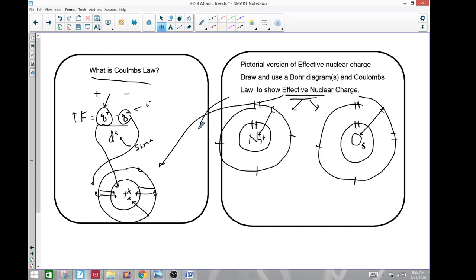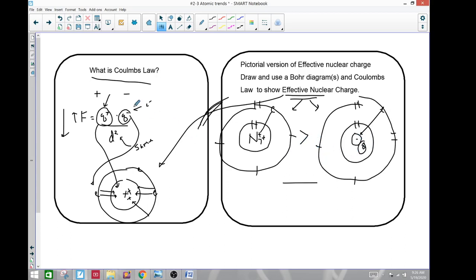If we're increasing an energy level, that would not be an example of effective nuclear charge, because we would have a massive distance change and therefore the force would drop drastically. So this is an example of effective nuclear charge, and the increased number of protons causes this atom to be ever so slightly smaller.